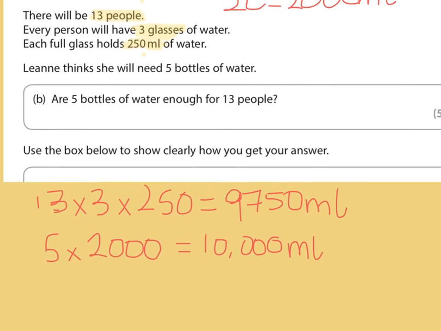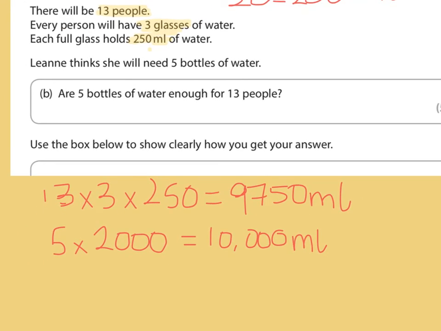And I can see then that 5 bottles being 10,000 millilitres is more than the amount that I need, which is only 9,750. So I'll clearly answer the question. The question was, are 5 bottles of water enough for 13 people? My answer is yes. 5 bottles are enough.